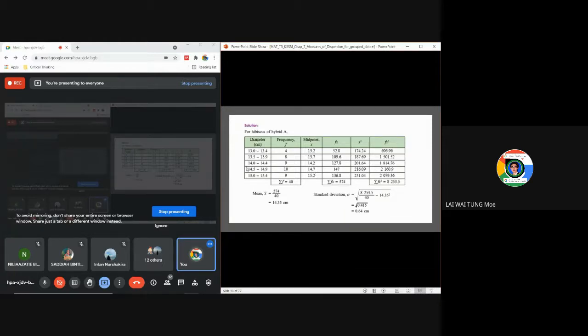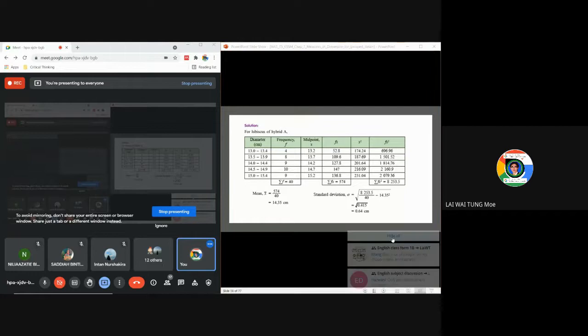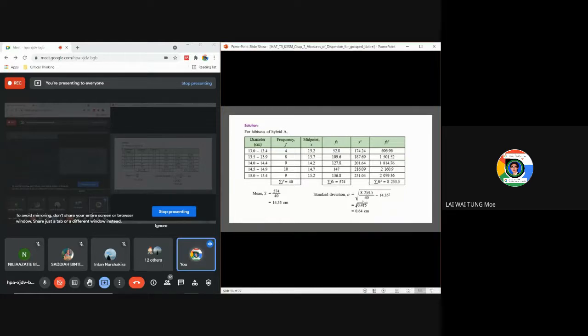Okay, so after you find out the midpoint, the fx, the x squared, and your fx squared, just substitute these values into the formula to get your mean and also your standard deviation. You get all these values from the table and put them into the formula and press the calculator.